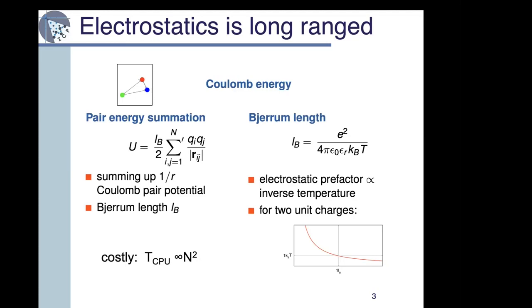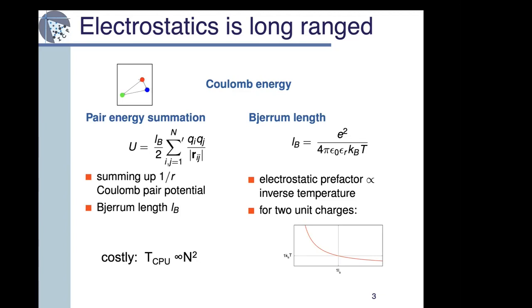Those require a short-range cutoff for the interactions, and Coulomb certainly is not short range because it's 1/r. We cannot simply use a cutoff scheme, or in principle you can, but then you introduce artifacts, and this is not what you want to do.